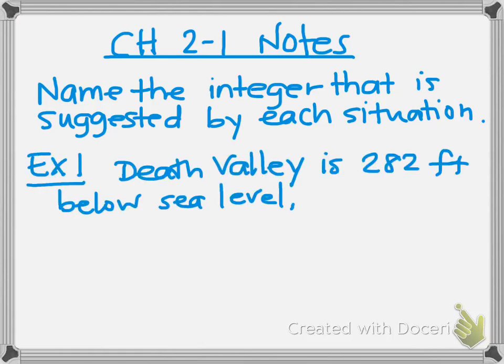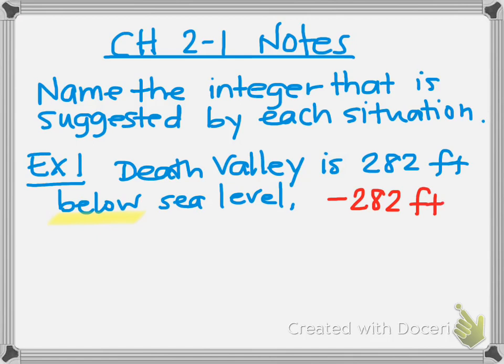Okay, the first part of your assignment is name the integer that is suggested by each situation. Example 1. Death Valley is 282 feet below sea level. So that would be a negative integer, and it would be -282, and that's because it's below sea level.